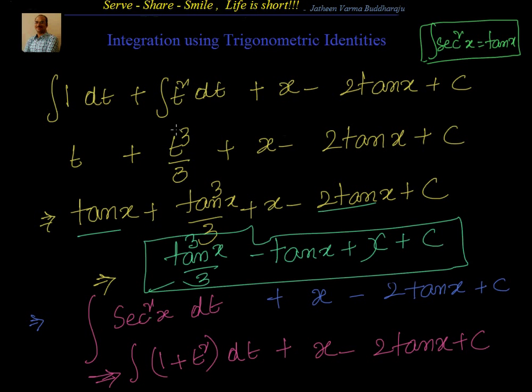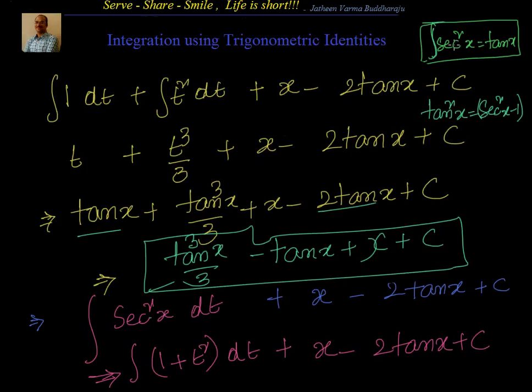So how have we done this? We had to do integration of tan to the power of 4 x. So we applied the formula tan square x equal to secant square x minus 1. Now why have we done that? Because when we get the function in terms of secant square x, we know integral of secant square x is tan x.